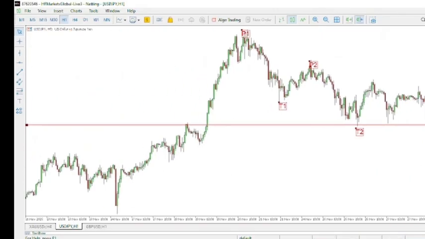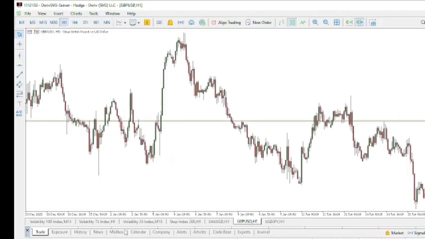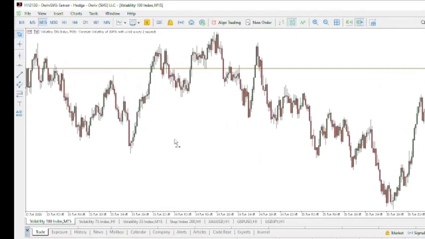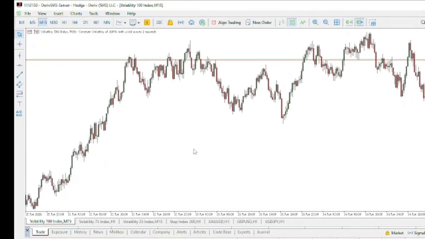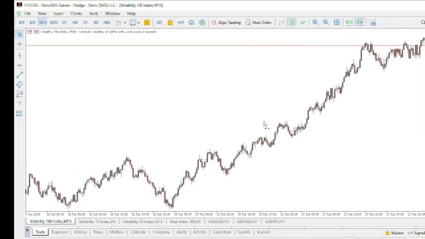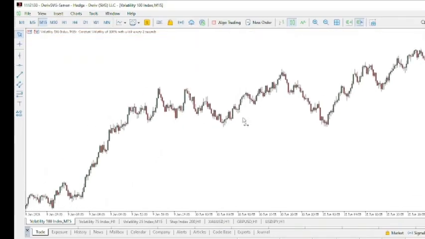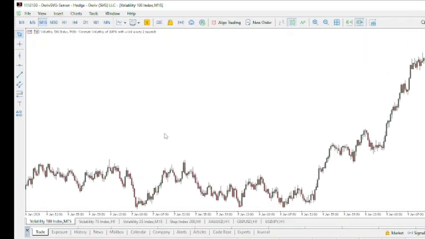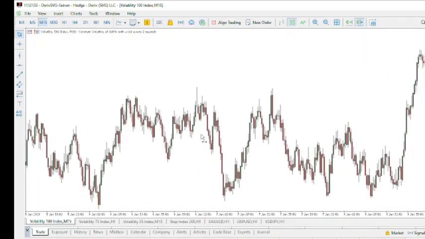And let me also show something on Deriv, on Volatility 100. You can see that the price was actually rallying up from here. It's still buying. Let me see how it starts to change.